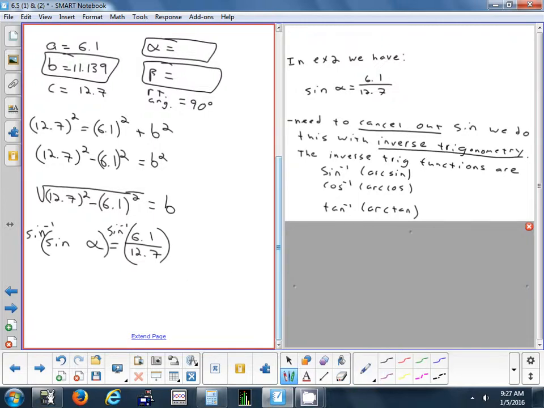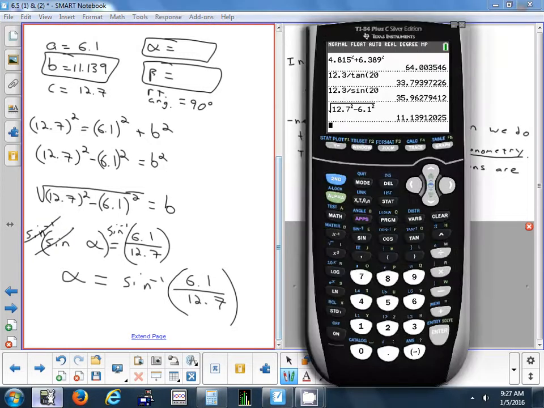So we take the inverse sine of what's on the left. That cancels out. And now alpha is inverse sine 6.1 over 12.7. Let's see what we get. 6.1 over 12.7.